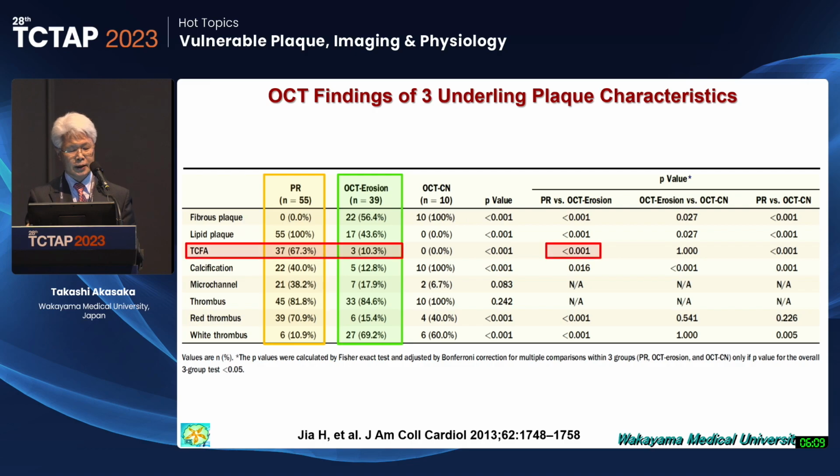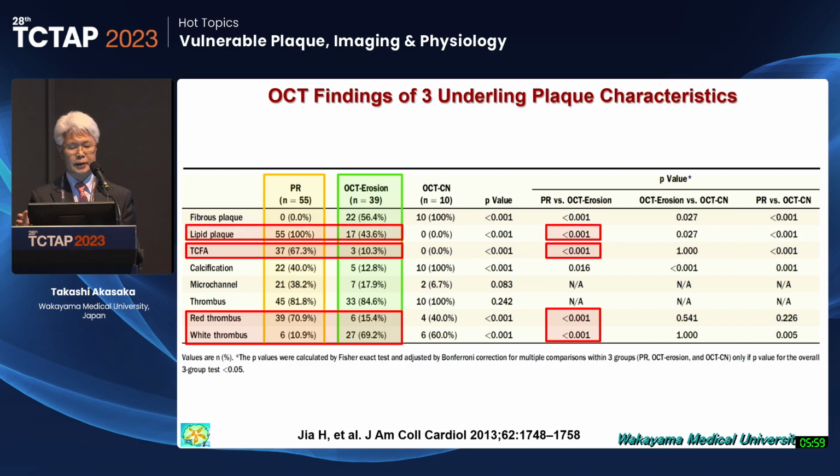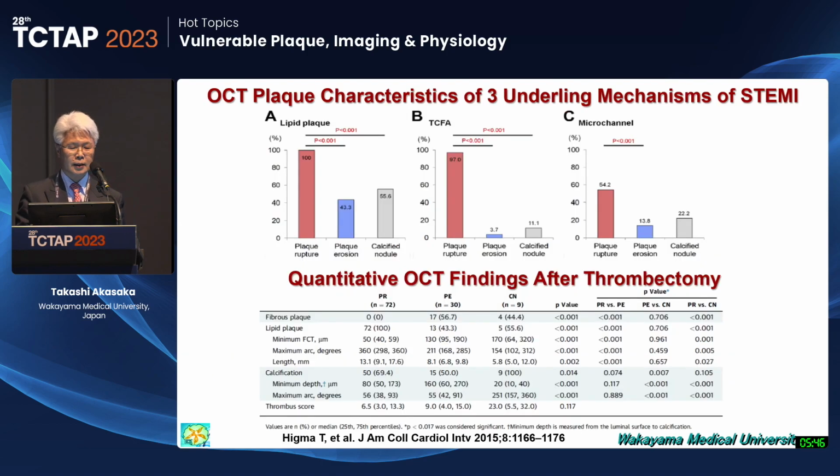The thin-cap fibroatheroma is much higher in plaque rupture, the red thrombus is much higher in plaque rupture, and lipid-rich plaque is significantly higher. And in plaque erosion, lipid-rich plaque is significantly lower, as shown in this slide. You can identify several similar reports, and this is another one of them.